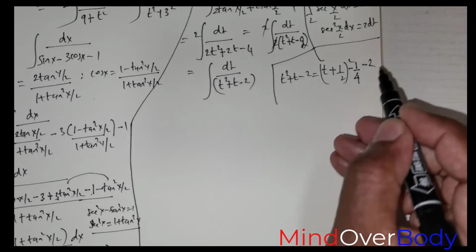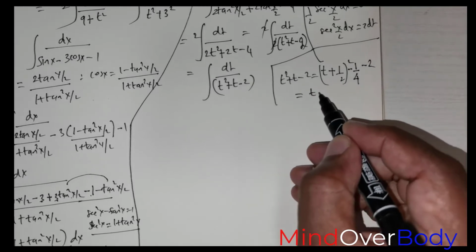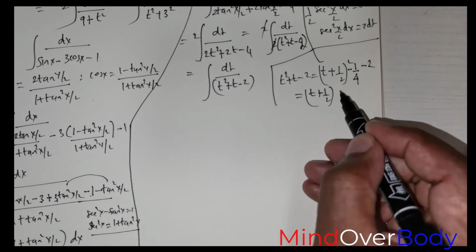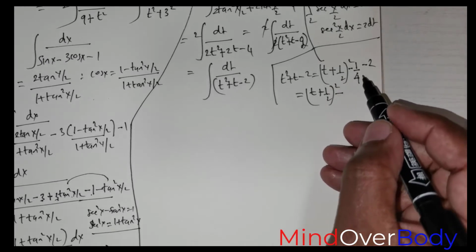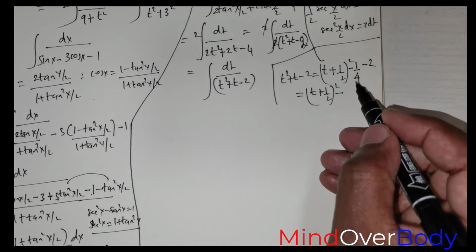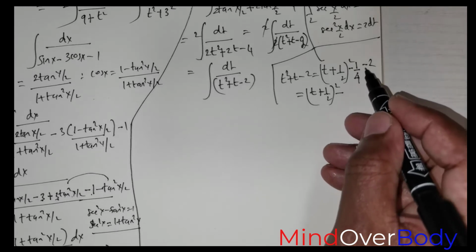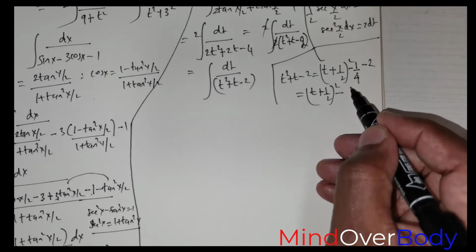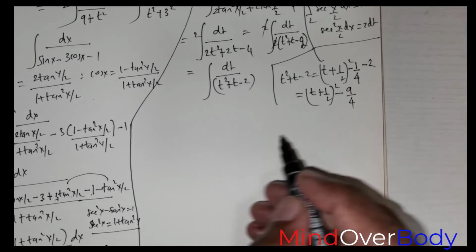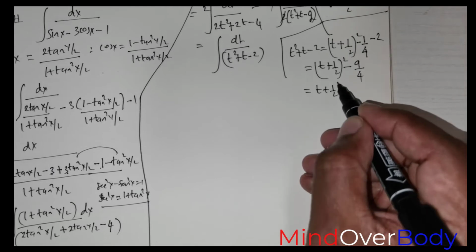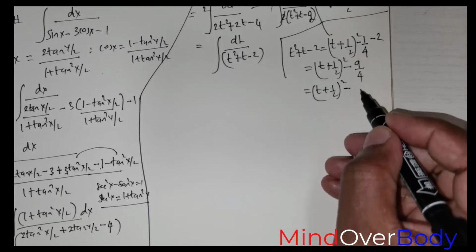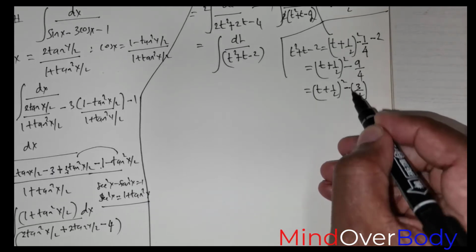Of course there's a −2 there. So this is rewritten as (t + 1/2)² and, taking the LCM, −1 and −8, so −9/4. So this can be rewritten as (t + 1/2)² − (3/2)².